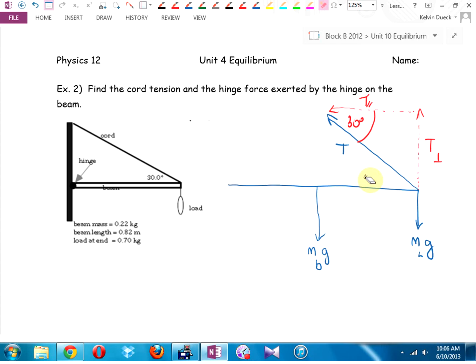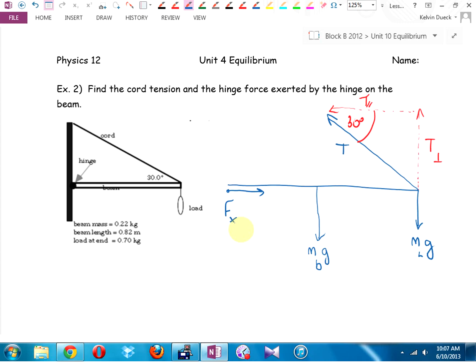So the wall itself, the hinge, I think it has to be exerting a force to the right. And I'm pretty sure I know exactly how big that force to the right is. It's exactly the same size as which force in my free body diagram? Parallel. Yep.